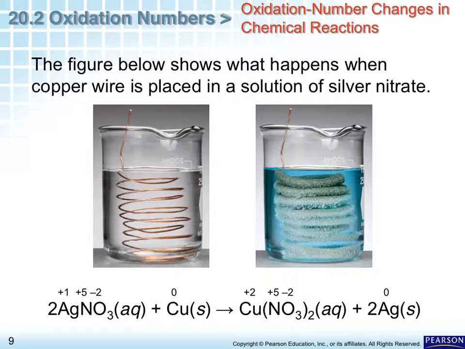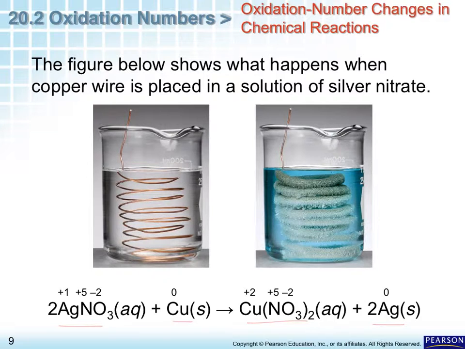So here's some examples. Here's a reaction, a copper wire placed into a solution of silver nitrate. So we have silver nitrate reacting with copper to form copper nitrate and silver.